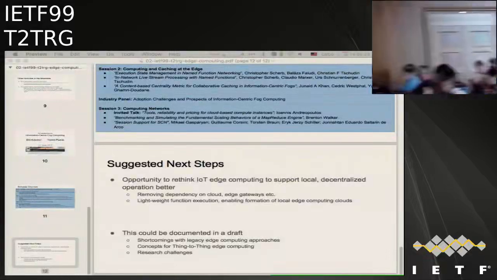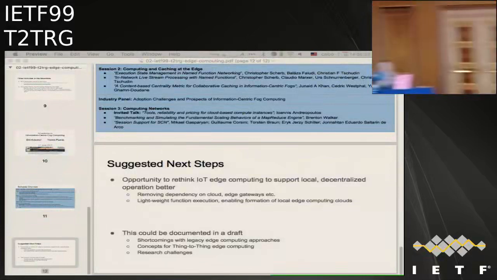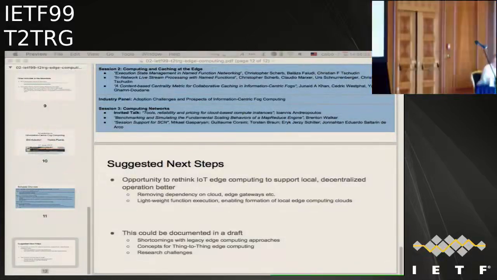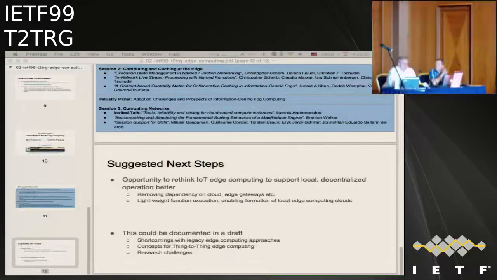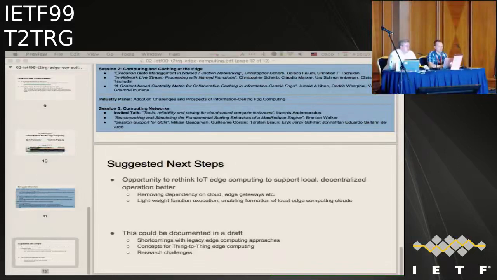There's one thing I would like to draw to people's attention. There is a document, I should have made a slide for that, I'm sorry, called Security Considerations, draft-ietf-t2trg-seccons, that is nearly done, and it would be good to have a few more people look at that.